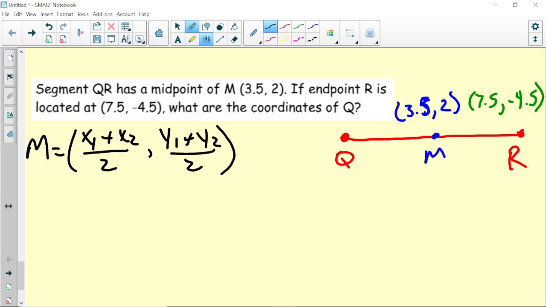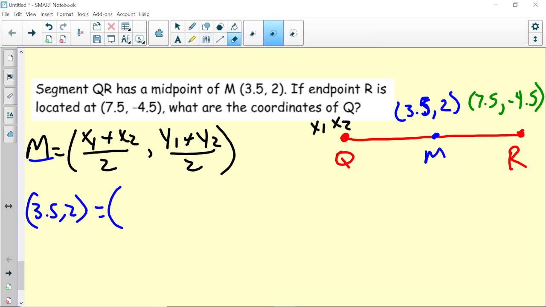I already know what that midpoint is. I'm plugging in M for that midpoint, 3.5 comma 2. I'm looking for my other endpoint. So Q is going to be my x1, y1.